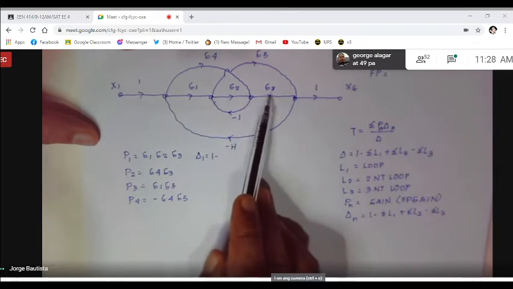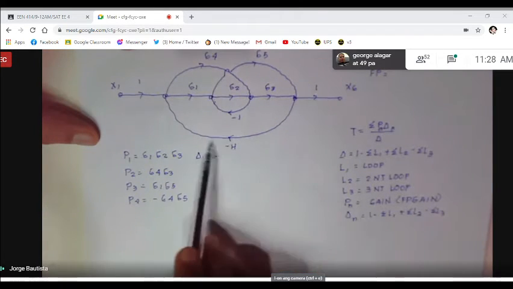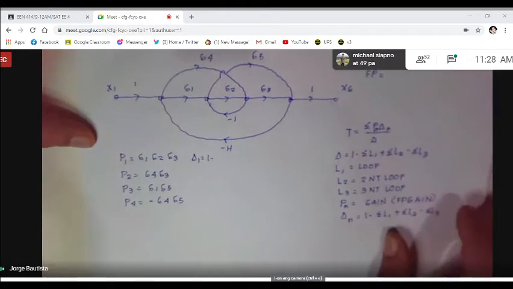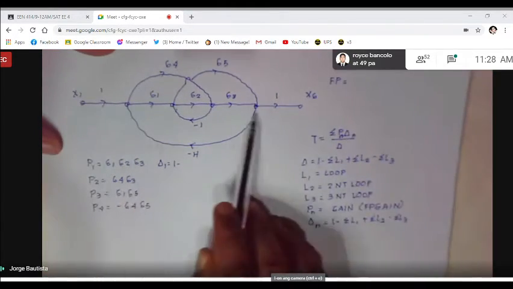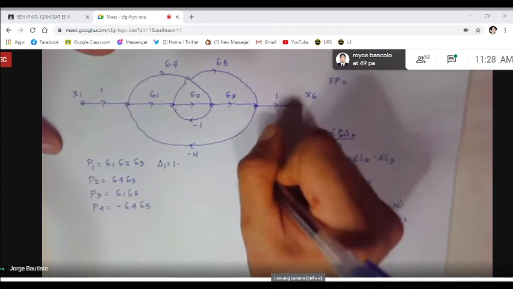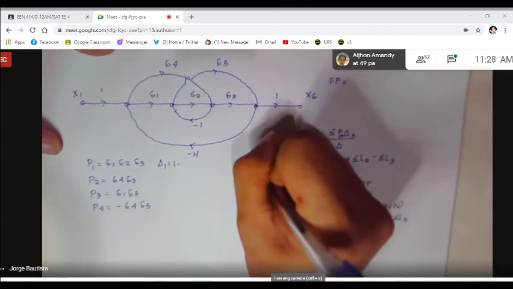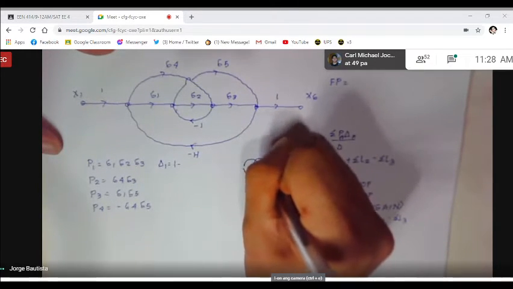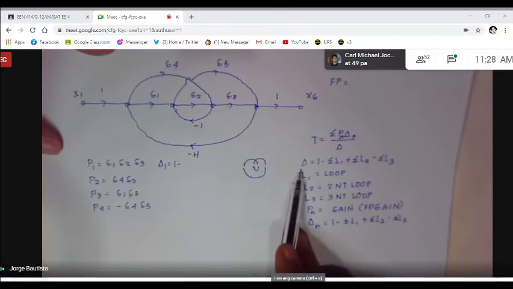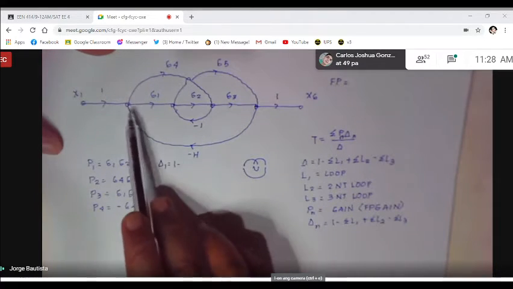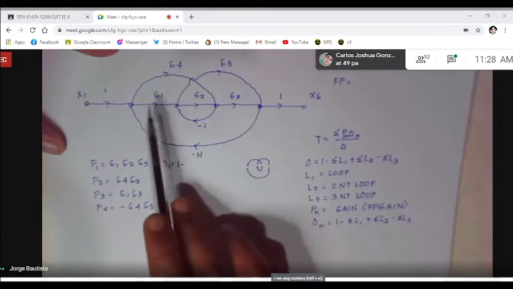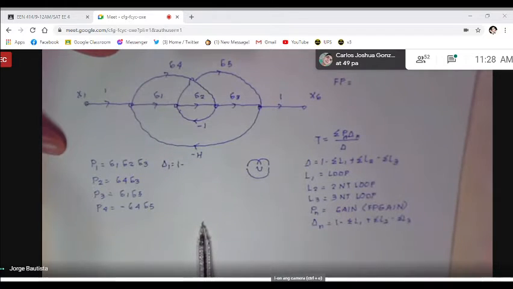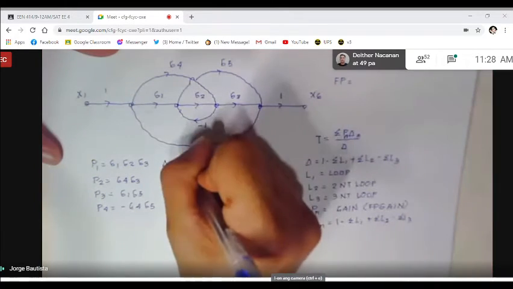Meron ka bang mabubuong closed loop? Wala. Open loop lahat. Isipin mo na lang na ito ay push pin, tapos ito ay string o tali. Pag tinanggal ko to, laglag lahat. Open loop. 1 minus 0.